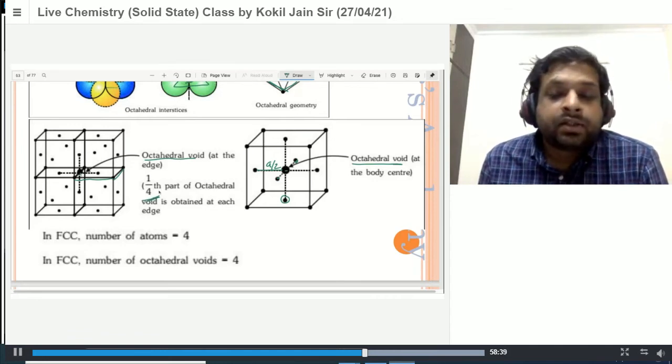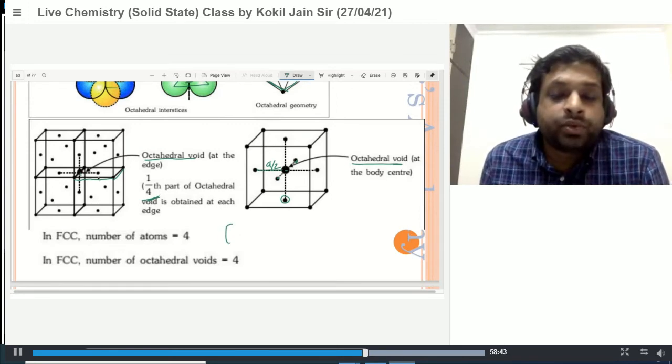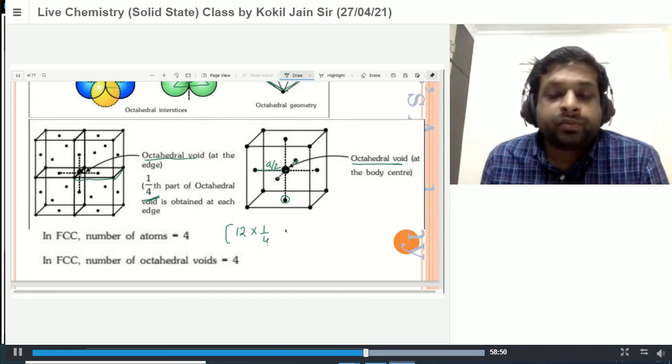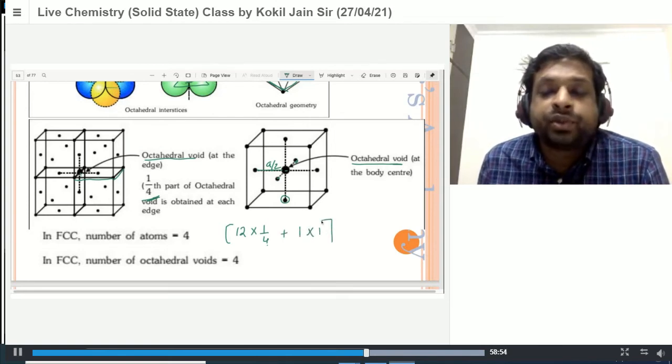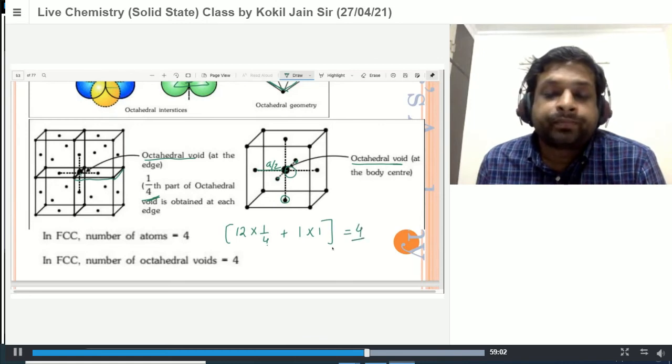There are 12 edges in a unit cell, so we calculate 12 multiplied by 1/4, plus this one body center, 1 multiplied by 1, because it is inside the unit cell and contributes a complete 1 to the void. You are going to see the number of octahedral voids as 4 here.